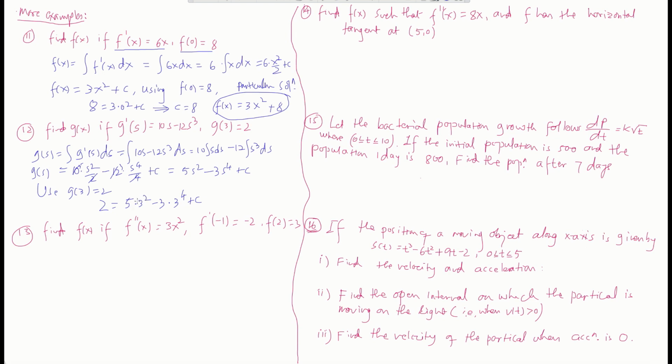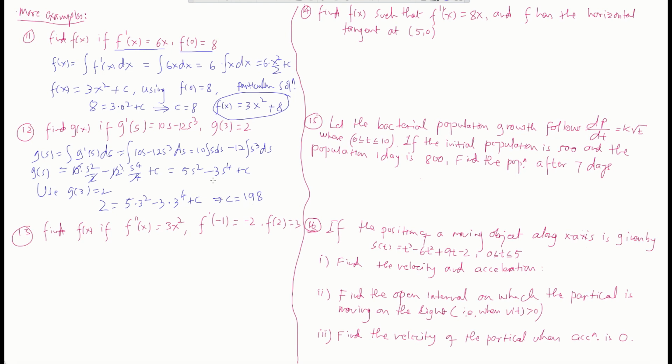And 3 to the 4th is 81, times 3 is 243. So 243 minus 45 will be 198, negative 198. If you add that on both sides, you get positive 198. This implies c equals 198.